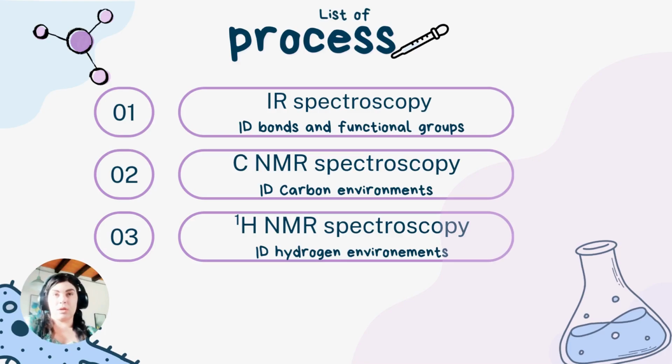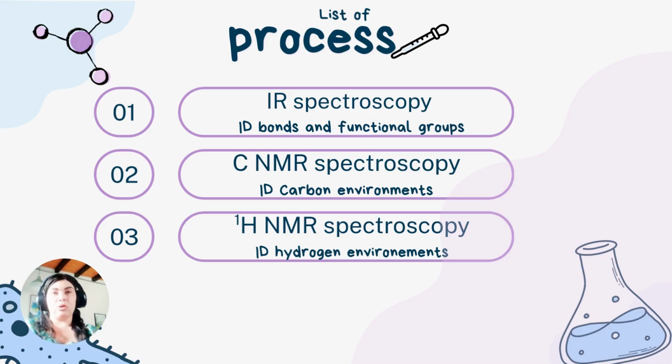We're going to be starting with the IR spectroscopy, and what this does is identify the bonds and the functional groups that will be in this molecule. For example, if there will be an alcohol group, or an ester, maybe an aldehyde. We're not sure in what form these oxygens are going to appear, so we need to first use IR spectroscopy.